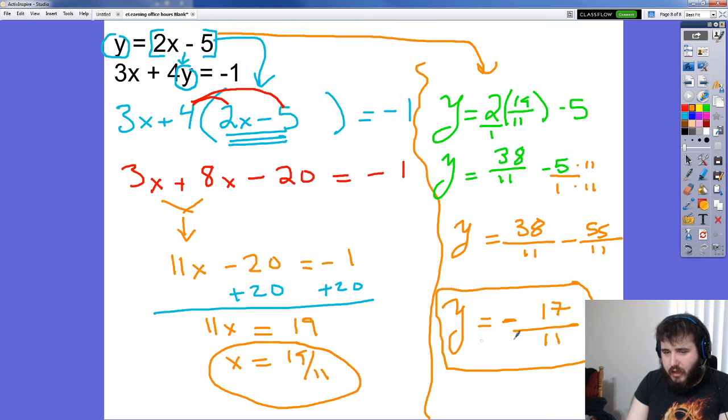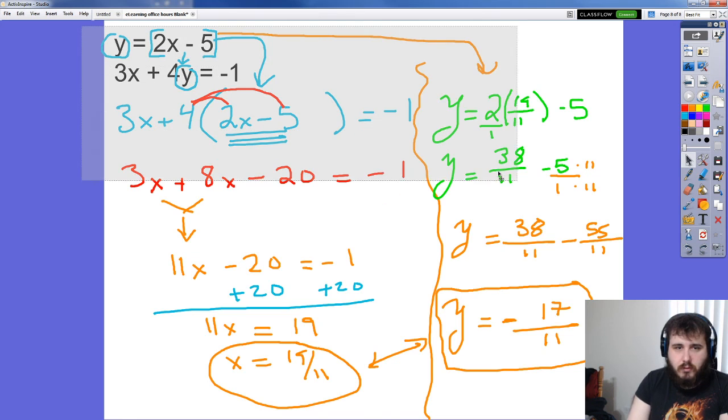And always double check to see if you can simplify your fractions. Here you can't, and that's okay. Here's my answer. Let me scooch this up so I have some room to write my answer.